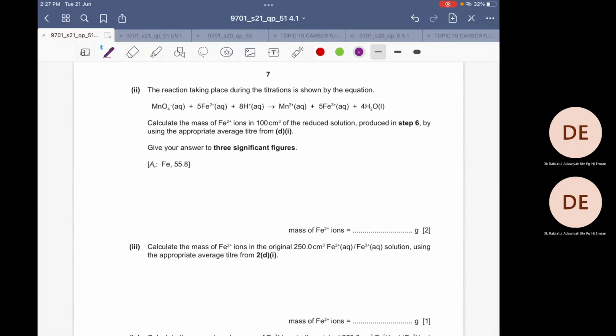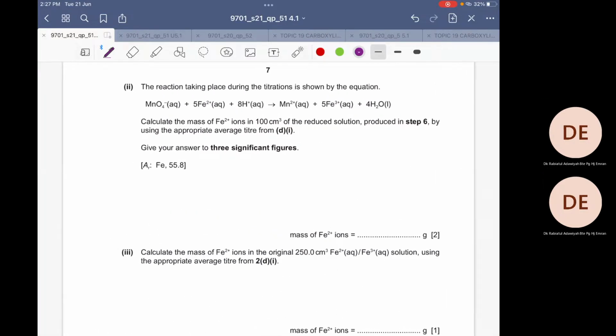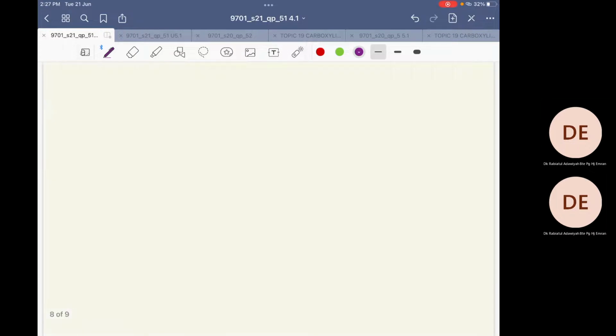Next, this is the calculation. This is the scary part, okay? So I am going to use a fresh page because I know I will need a lot of space to write this down. So I'll read the question. As I read the question, I will also draw the diagram.